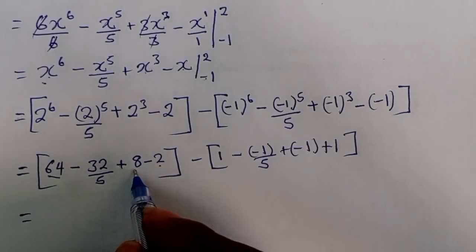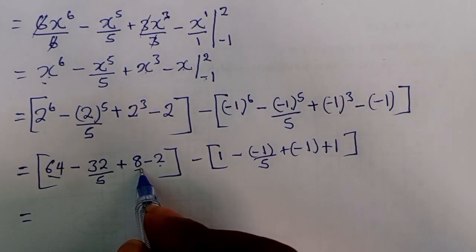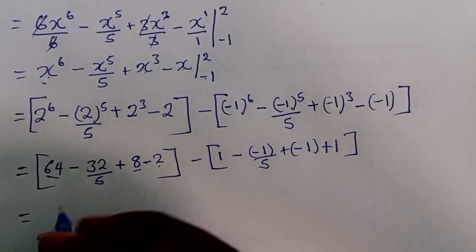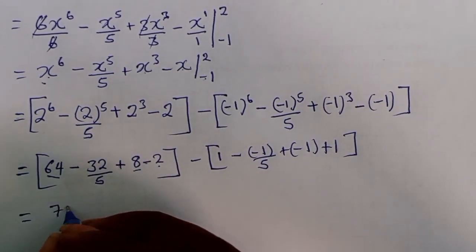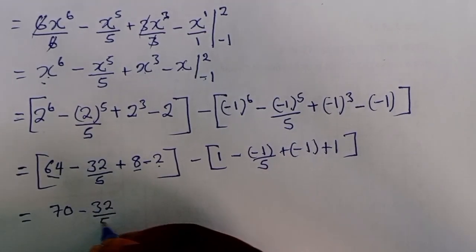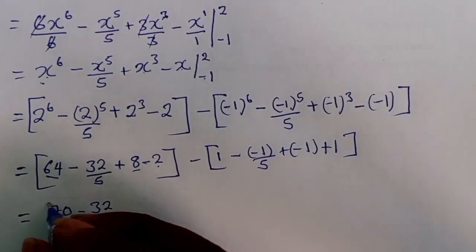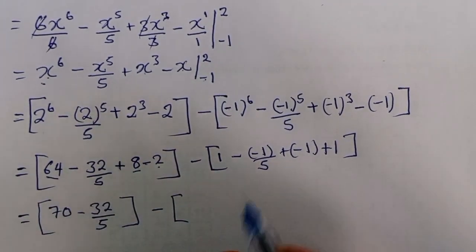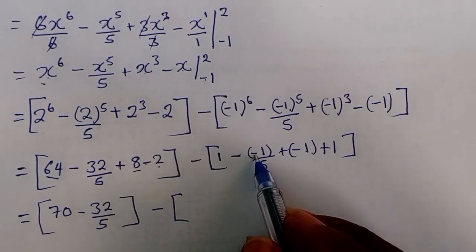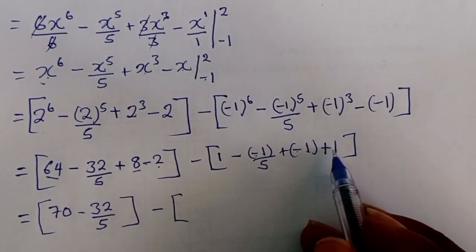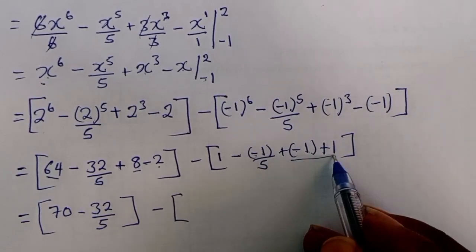64 plus 8 is 72. 72 minus 2 is 70. So 70 minus 32, divided by 5, minus. Negative times negative is positive. Negative 1 plus 1 is 0.